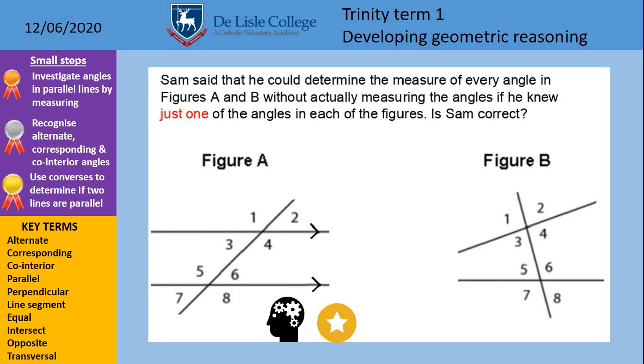I think for figure A, because they are clearly annotated as being parallel lines, we can bring in our rules that we learnt earlier with all of our corresponding, allied and alternate angles to be able to solve them if we are given just one angle. But for B, they're not parallel lines, so if we knew one angle, we might be able to solve a couple, but we're not going to be able to get all 8 angles correct.